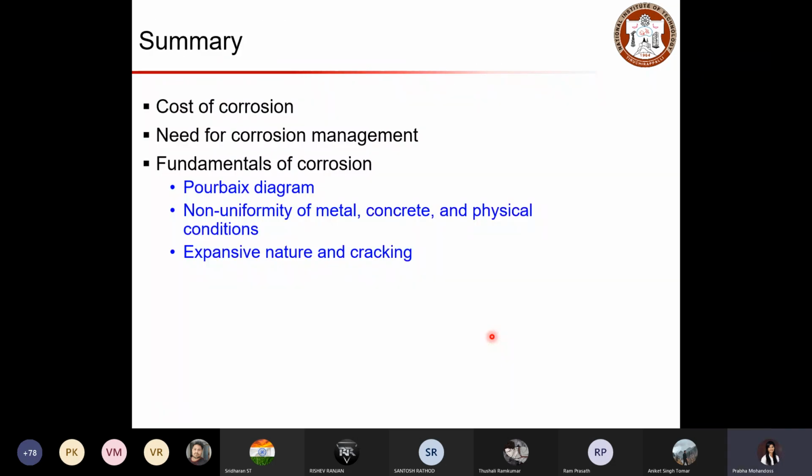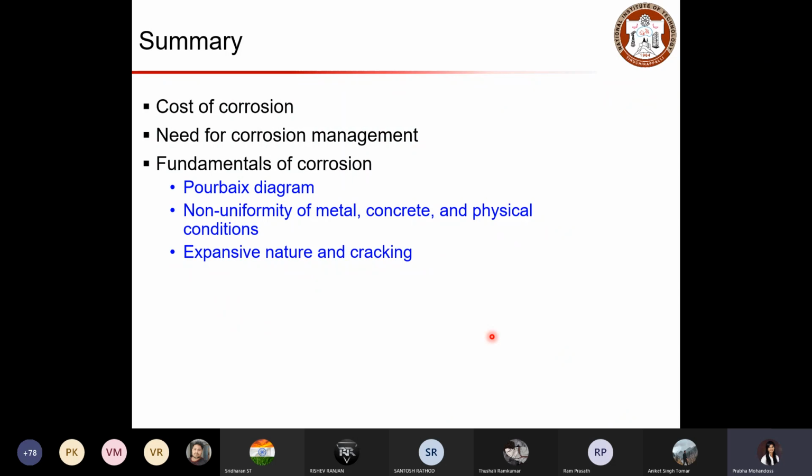So that's all about corrosion. Here I would like to end by summarizing. We have looked at the significance of the cost involved in corrosion, and the need for corrosion management. I have shown some case studies which emphasize the need for corrosion management to prevent damages, to prevent the amount of repair work required, and to enhance the structural performance of your structure.